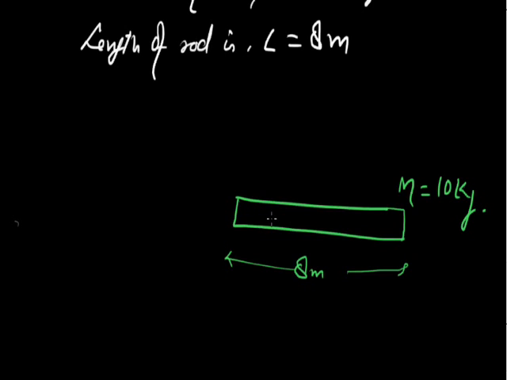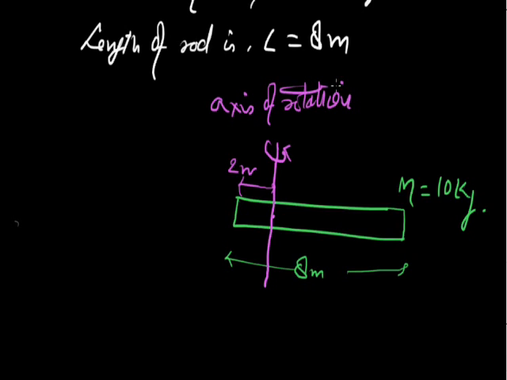The axis of rotation is at a distance of 2 meter. It cannot actually pass through the center, because total length is 8 meter.